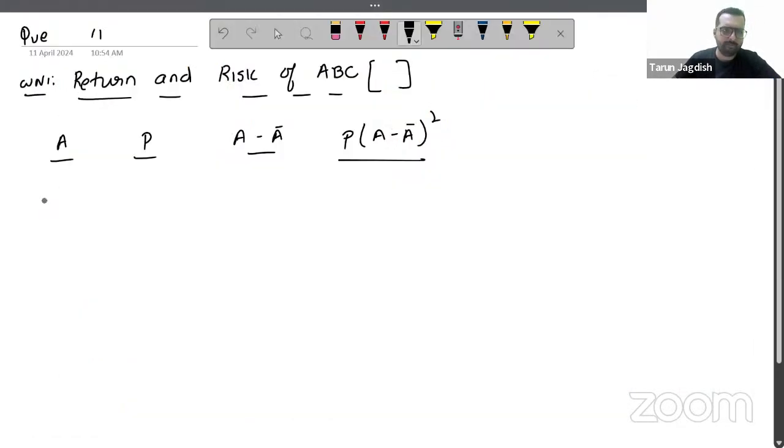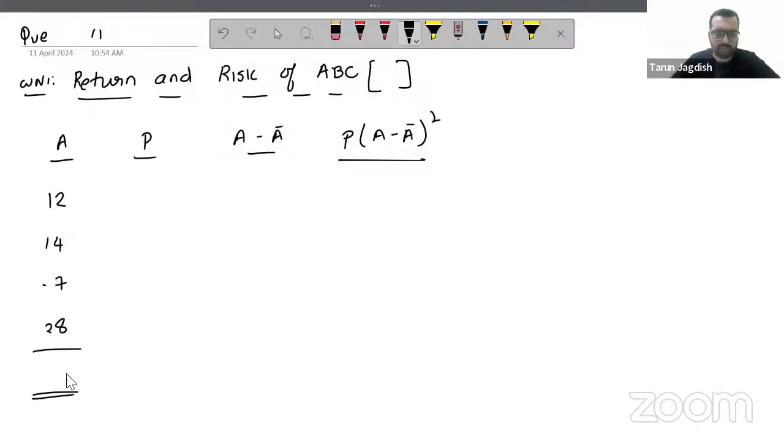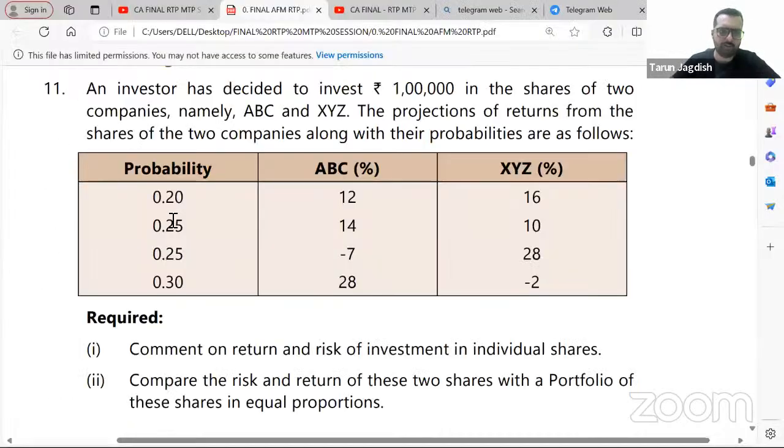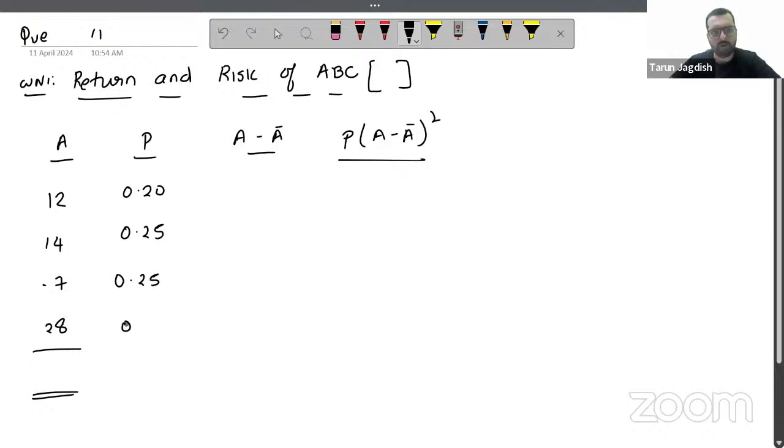12, 14, 12, 14, minus 7, and what is the last one? 28. The probability is going to be 0.2, 0.25, 0.25, and 0.3.